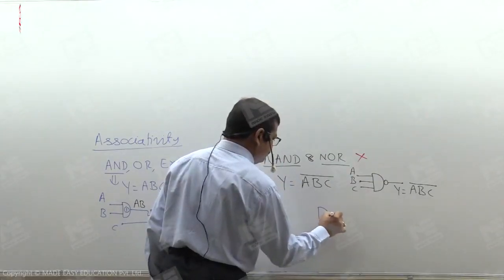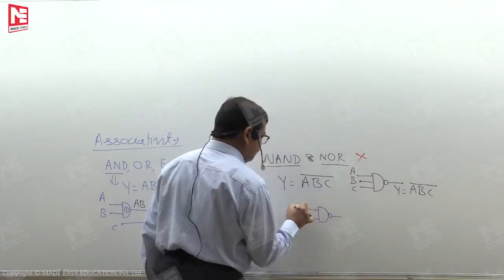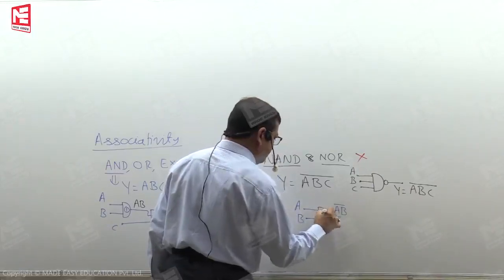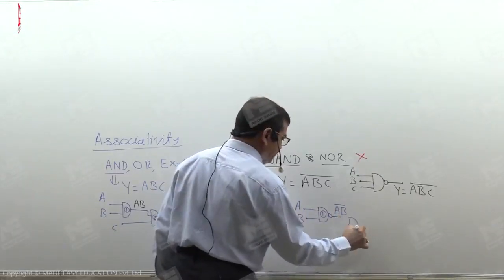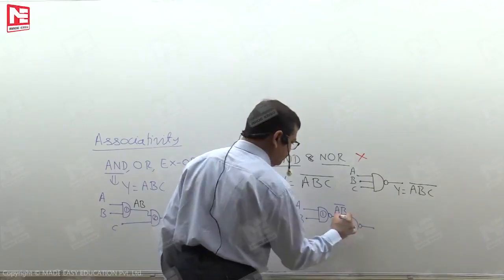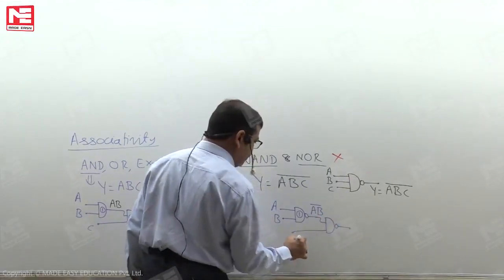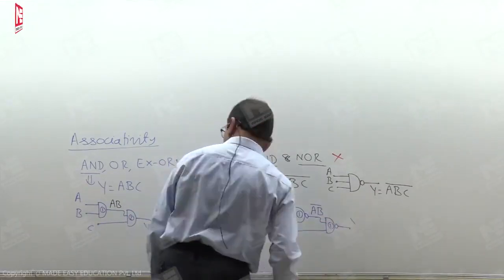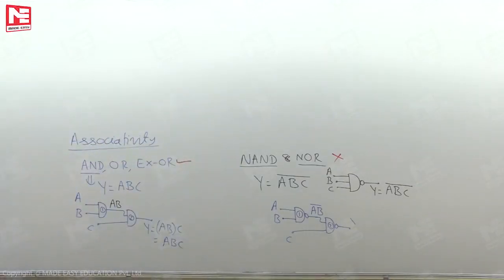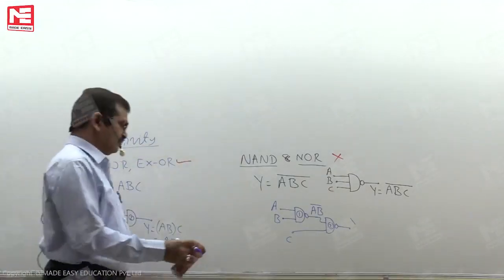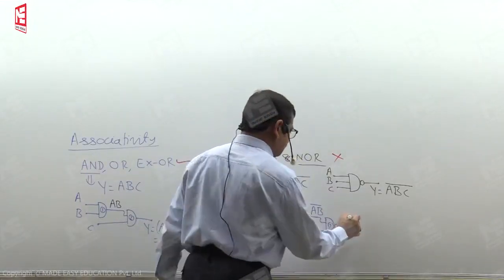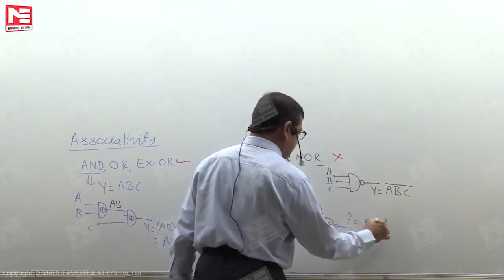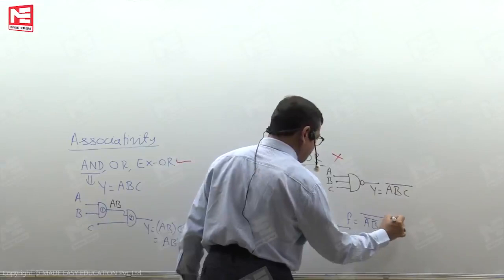If you try for this result with 2 input NAND gates, the gate 1 output is AB complement, one input of gate 2 is AB complement, and the second input is C. Hence, suppose I name the output F. F is AB complement AND with C, whole complement.